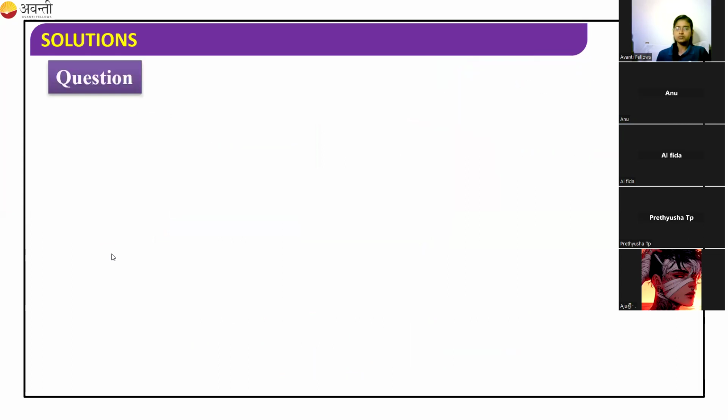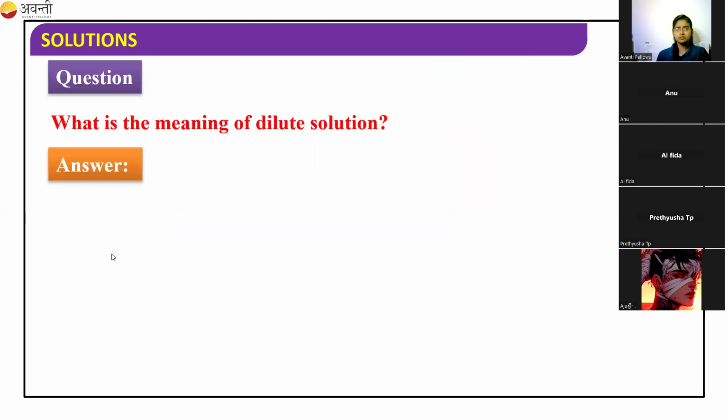Now, what is the meaning of dilute solution? Any idea? We have two different solutions: one is dilute and the other is concentrated. Now I am asking you, what is the meaning of dilute solution? Very good.